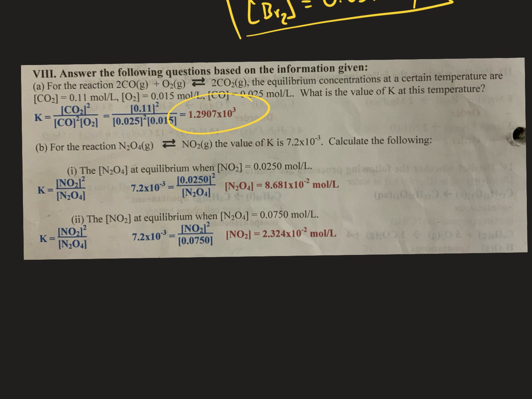So when you put it in parentheses, I'm going to write on the board how you should put it in your calculator. Is this color okay? 0.11 squared divided by, in parentheses, 0.025 squared times 0.015.